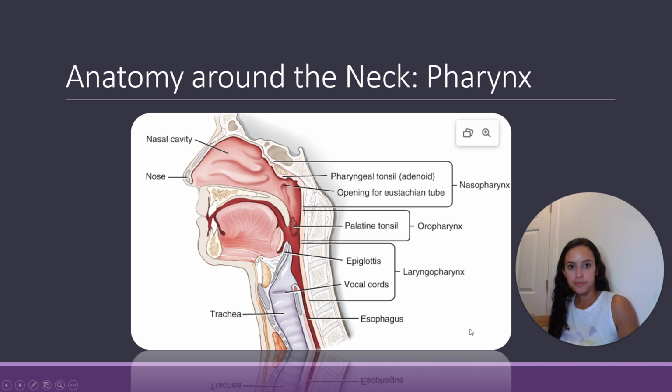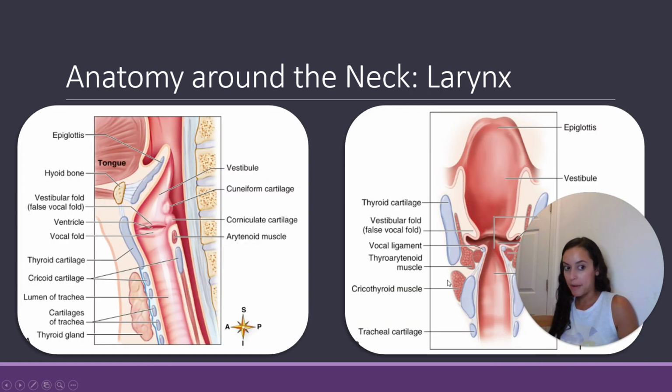Alrighty. Moving away from the pharynx. That's not my favorite part if you can't tell. Now we're moving on to the larynx. So the larynx, again, this is the beginning. It connects the mouth and the airway and separates what's going to get eaten, the esophagus, from the air that we breathe.